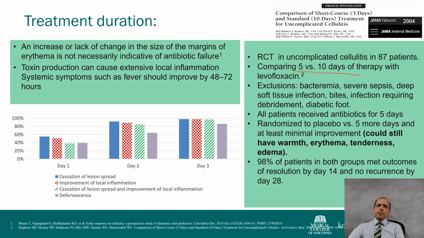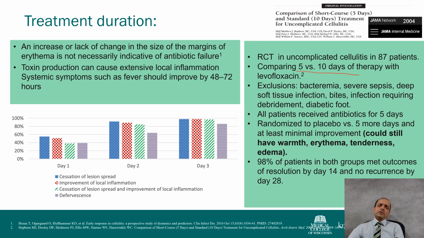And another very important observational finding was documented in a study in Clinical Infectious Diseases 2016. What they found was that any increase in the size of the margin of erythema is not necessarily indicative of antibiotic failure.